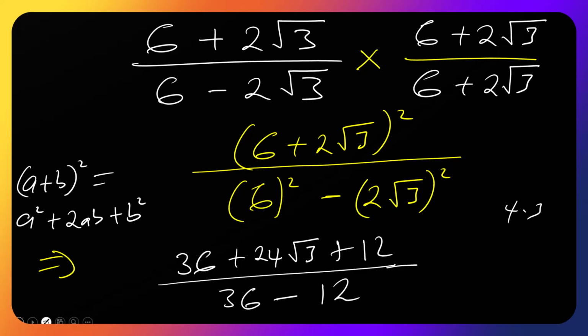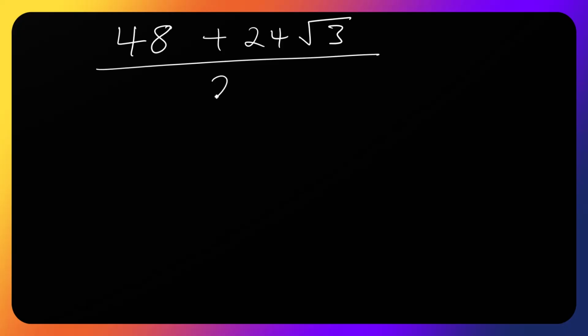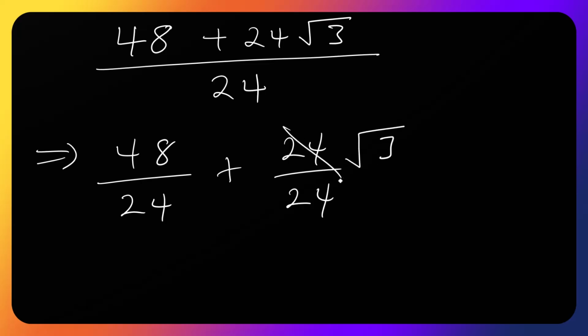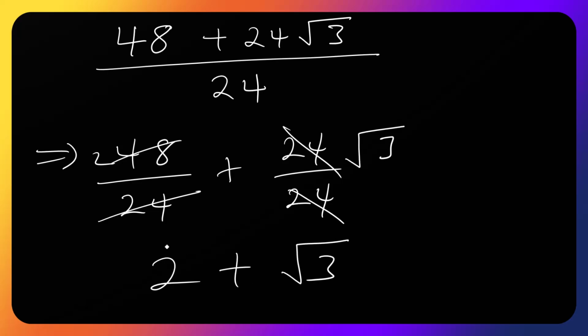So we have 24, so it's the same as 48 on 24 plus 24 on 24 with root 3. So this side will cancel, and this side is 2. So we have 2 plus root 3 as the answer.